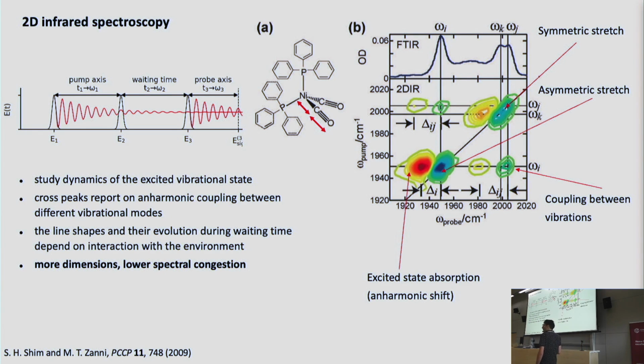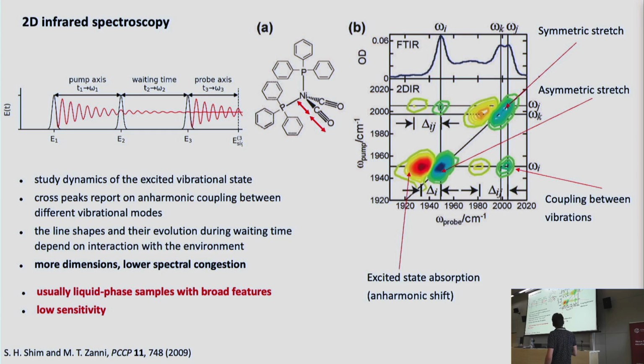It's useful if you have a system which is complicated enough that vibrational dynamics are not trivial. So if you're interested in diatomic molecules, then it's probably not very useful. But if you're interested in larger molecules, then it can reveal very interesting chemistry and physics.